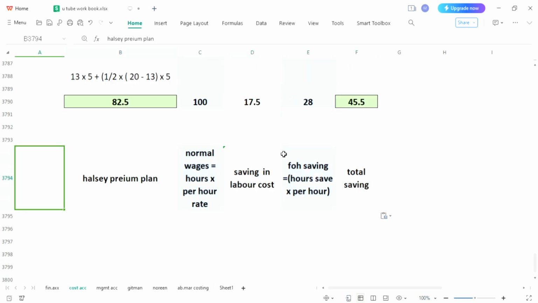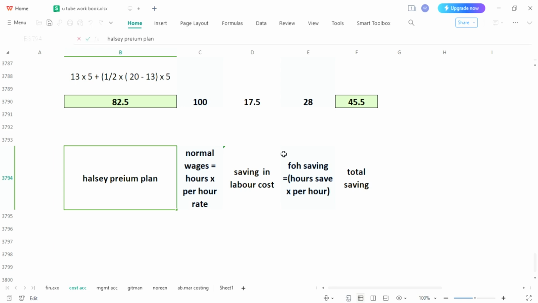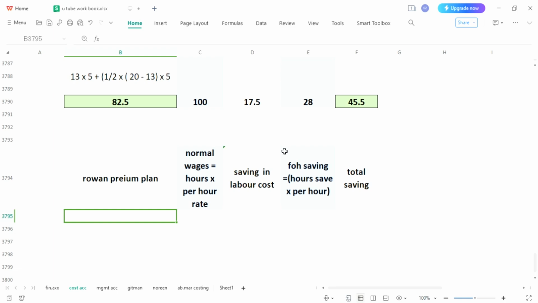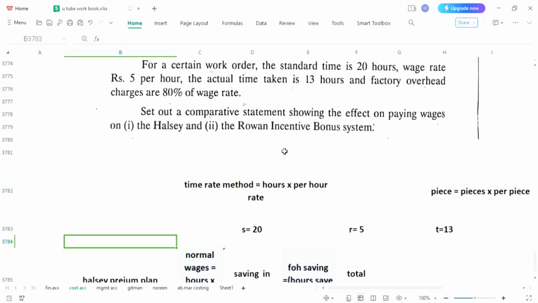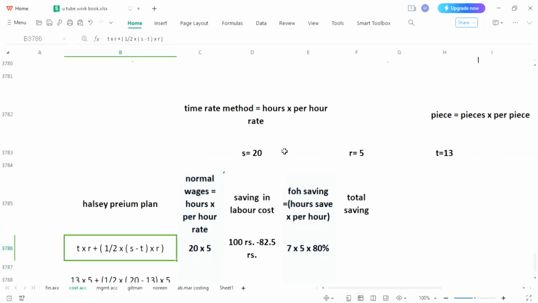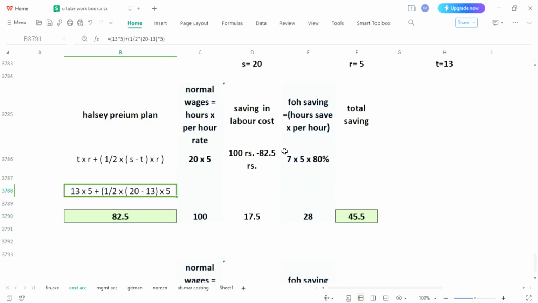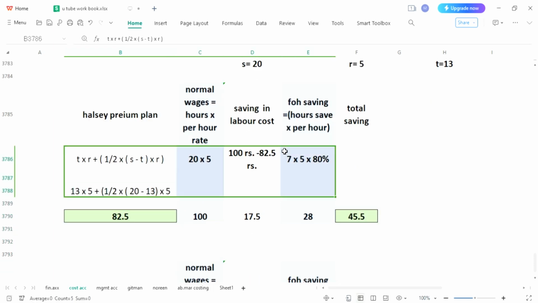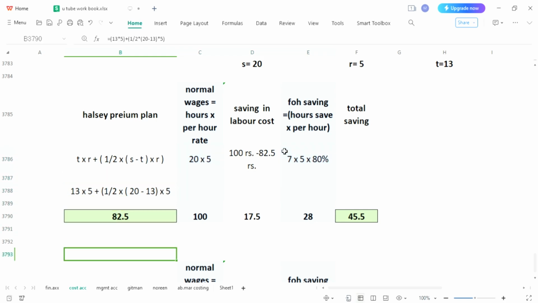So instead of Halsey, now we will follow the Rowan plan. Just like Halsey had a formula, in the similar way we will have a formula for Rowan as well.